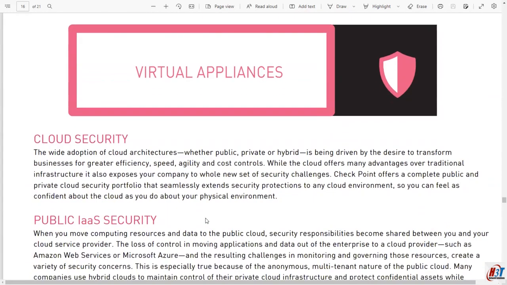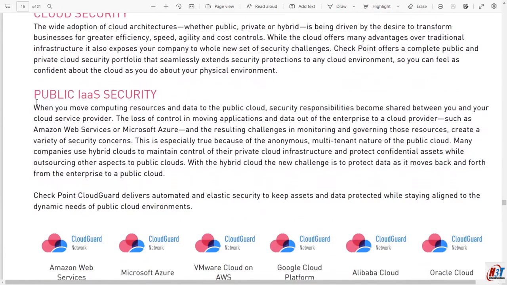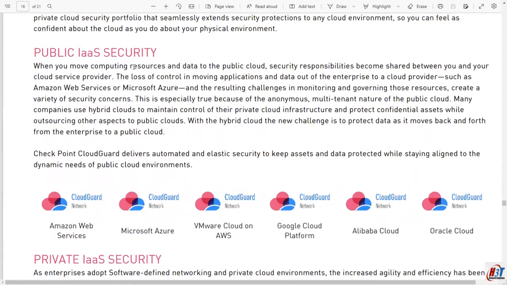And then coming back to the last one, basically, which is the virtual appliances. So you do have the virtual appliance option as well, which you can go and deploy in the DCs or on cloud, whether it's a public cloud like AWS or GCP or Microsoft Azure or Oracle or Alibaba, whatever you want, you have that option, right?